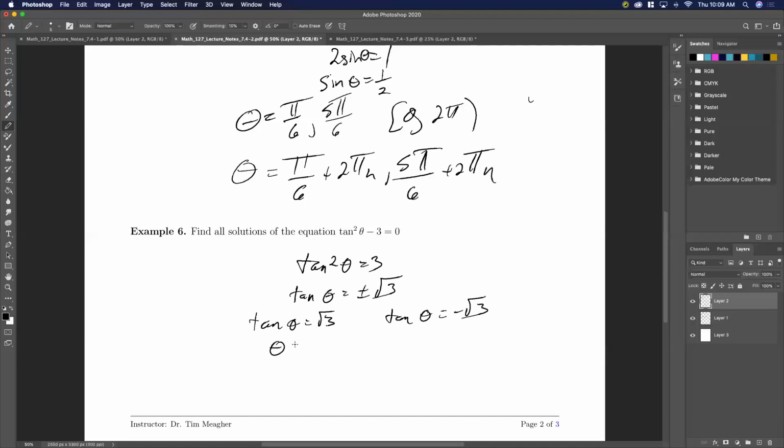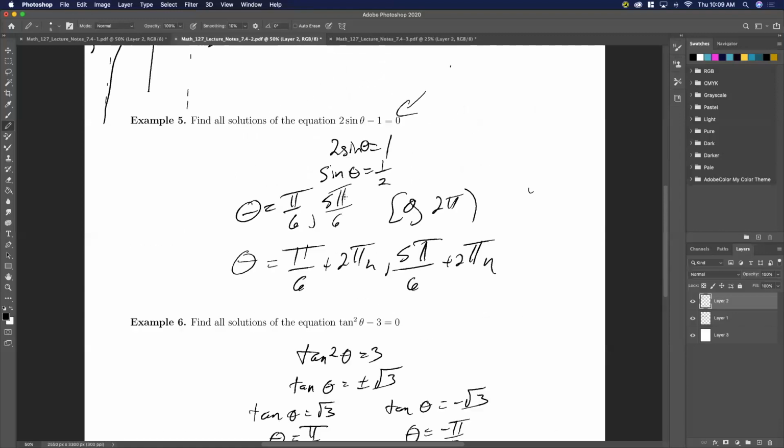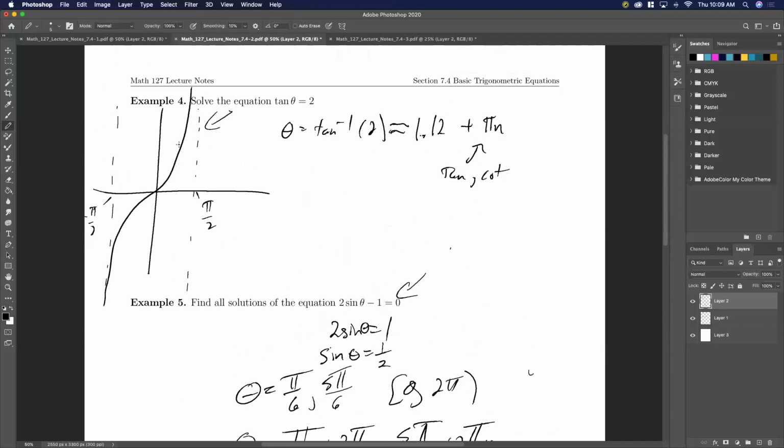That means theta equals, well, where's tangent of theta equals the square root of 3? That's just pi over 3, if we remember from our charts. If I type this in a calculator, take the arctangent, I'll get theta equals minus pi over 3. Remember the first period of tangent: the square root of 3 will occur at pi over 3, and minus the square root of 3 will occur at minus pi over 3.